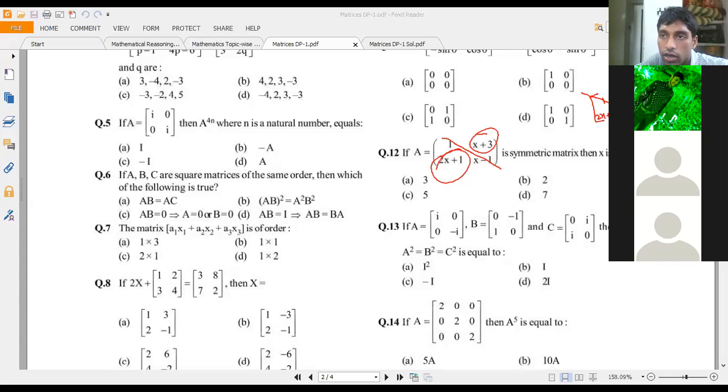What are the changes that are taking place in the diagonal elements? Diagonal elements are remaining the same. No change, right? By transposing, diagonal elements don't get affected.